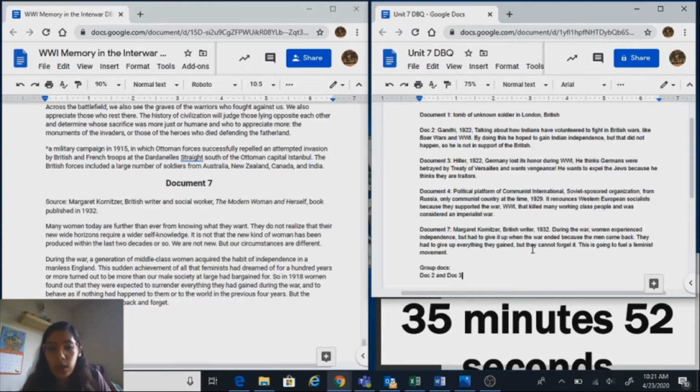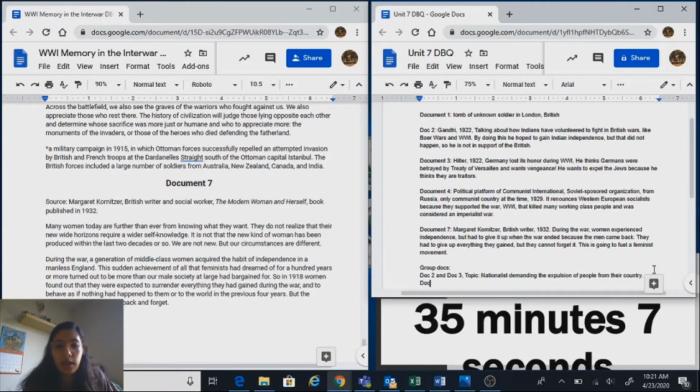It's the Gandhi and the Hitler documents, and the topic for that group, I'm going to say, is nationalist leaders uniting their country against a common enemy. And they're also demanding the expulsion of certain people from their countries. Gandhi wants the British out, and Hitler wants the Jews out.